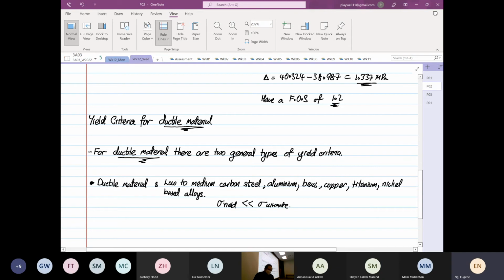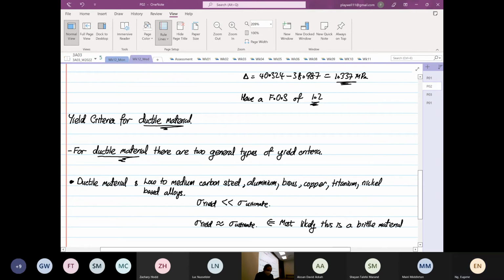If you see a material where the yield is approximately equal to the ultimate strength, most likely this is a brittle material. Okay, most likely. If you see the ultimate is larger than the yield, then it is more likely to be a ductile material.